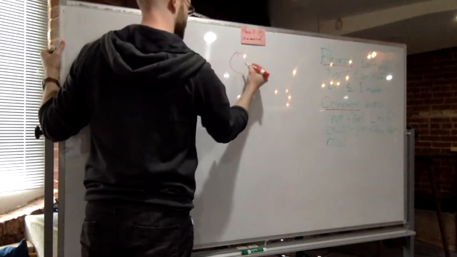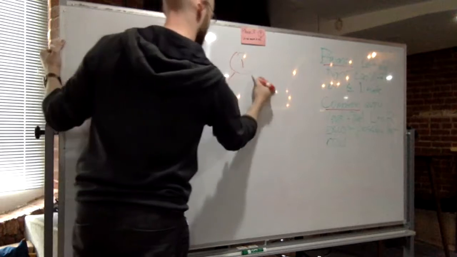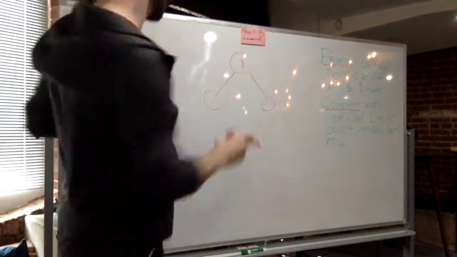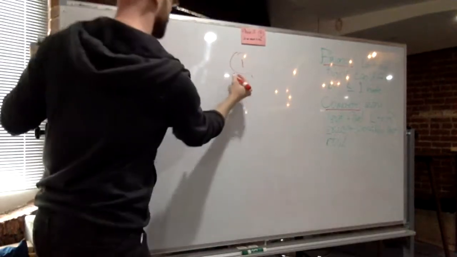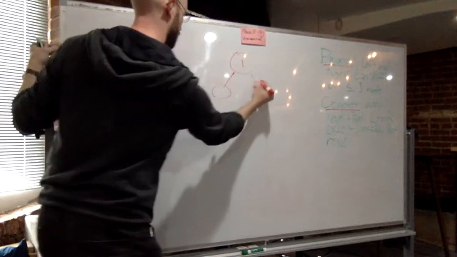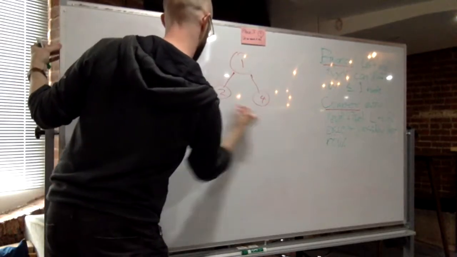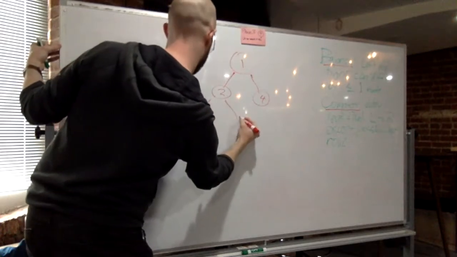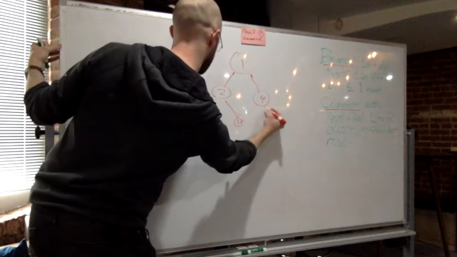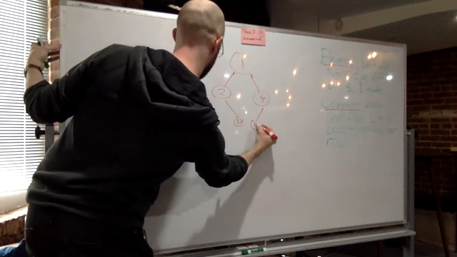So if we had 1, and then over here we've got 2 and 4, and then over here we've got 9 and 13 and 17.